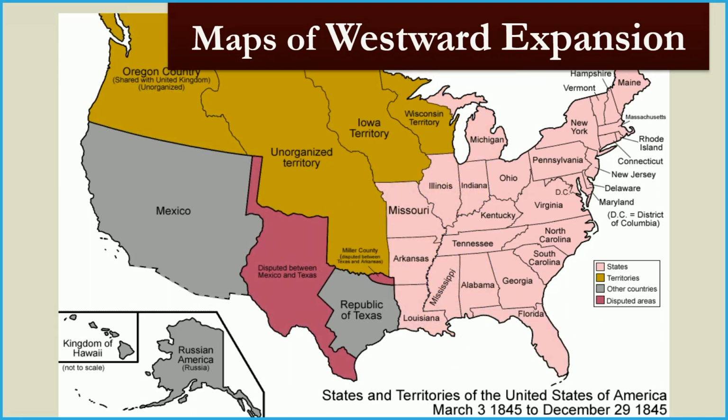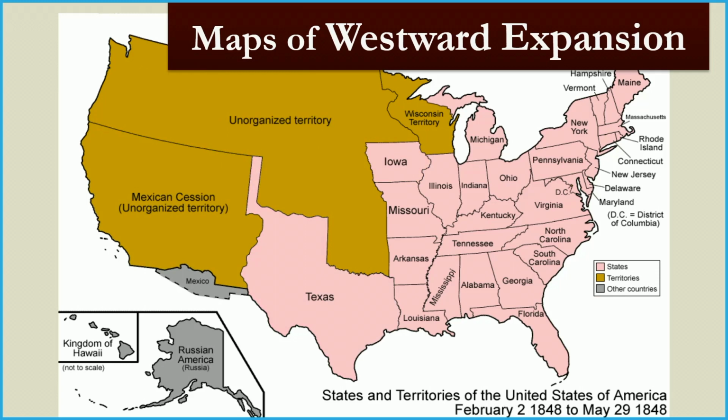Eventually Florida from Spain. Texas fights their war for independence, and then we annex them along with the Oregon Country and that treaty we signed with Britain. Then we fight the Mexican-American War, and we gain the Mexican Cession. And then that little strip there as well, we're going to eventually buy from Mexico, the Gadsden Purchase.